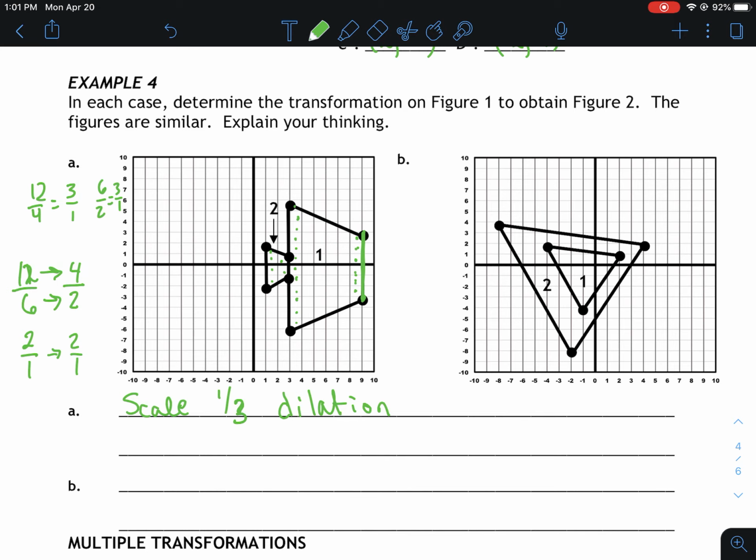Okay, now if we look at letter number 1 and number 2 here, we can see that we have ordered pairs. If we look at this ordered pair right here, it is at -1, +4.